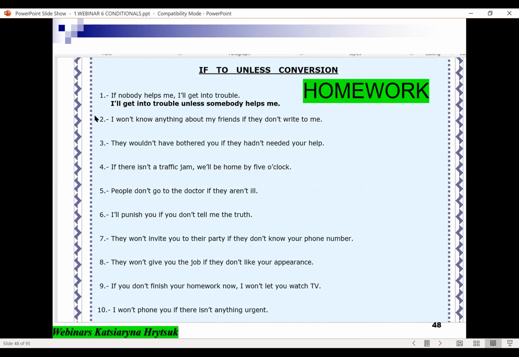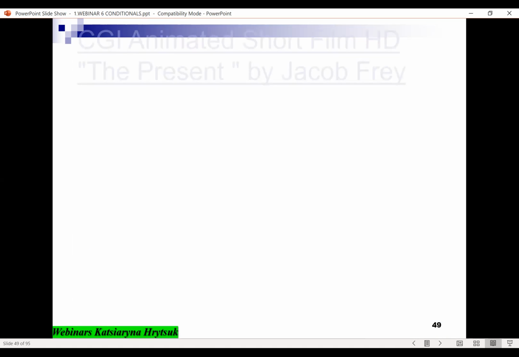It's a bit complicated, but you need to use unless instead of if, with a positive verb. This is homework and I will explain individually after, when you paraphrase the sentences.